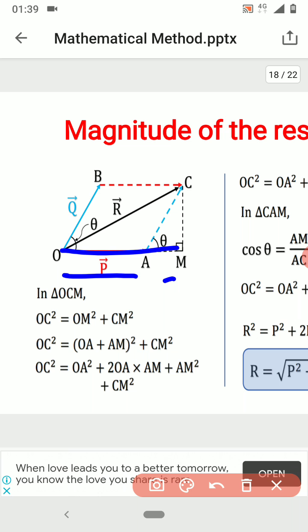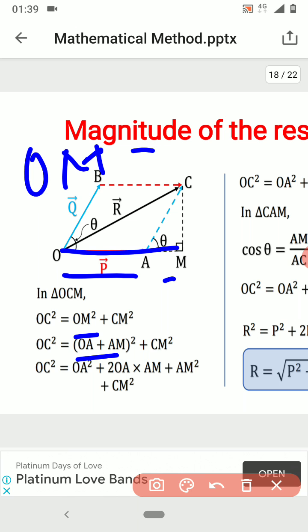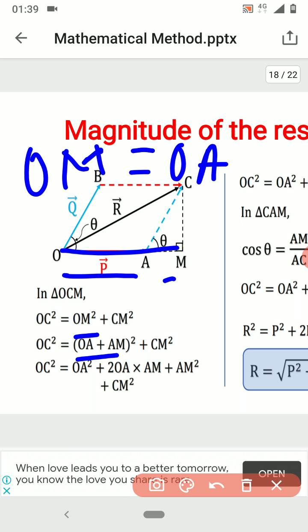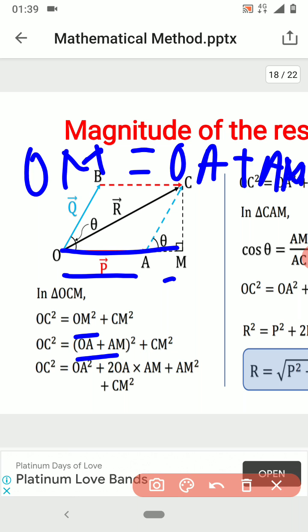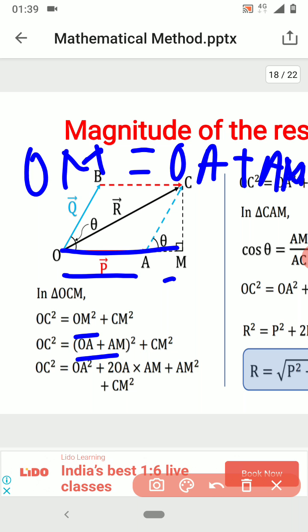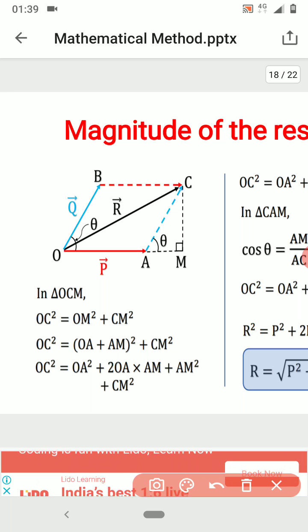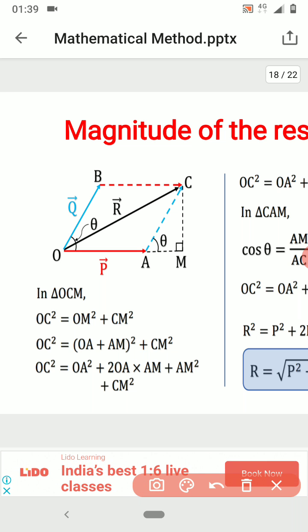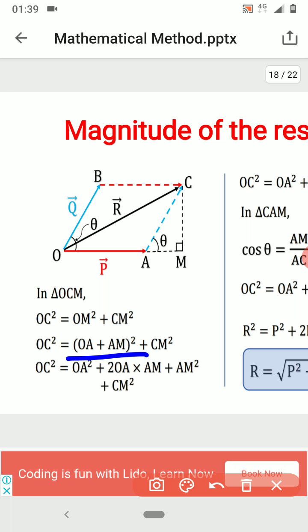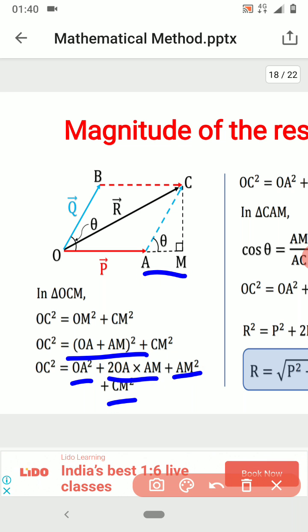So instead of OM you can use OA plus AM. Now expand this bracket, then you get OA square plus 2 OA AM plus AM square plus CM square.